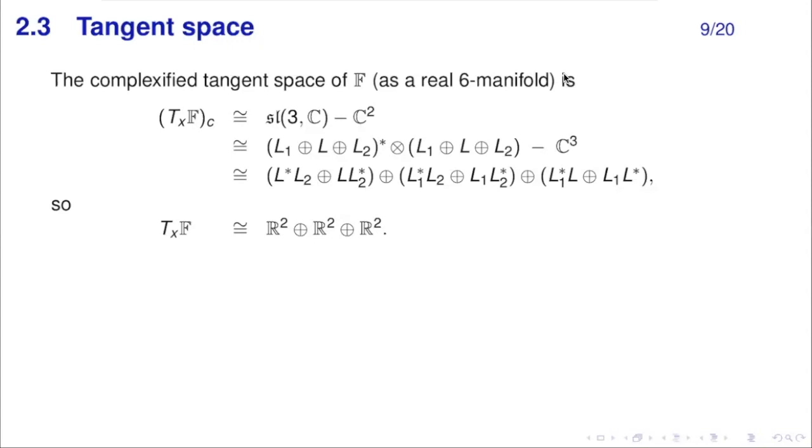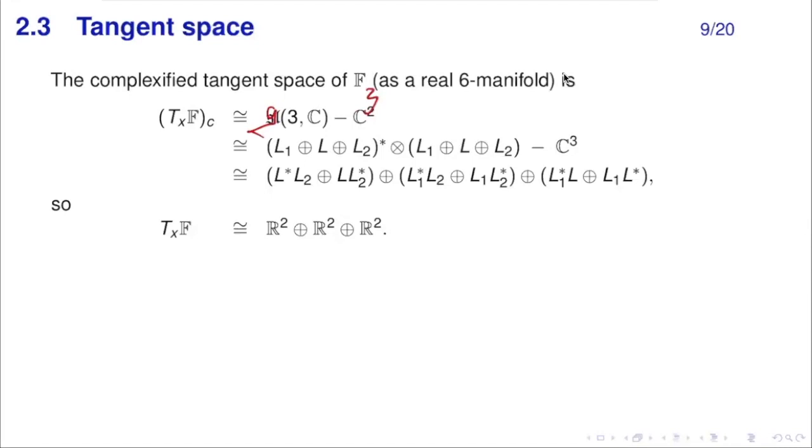If you think in terms of homogeneous spaces, you know that the tangent space of the flag manifold, you can just think of it as the complement of the Lie algebra of SU(3), complexified here, the Lie algebra of SU3 quotiented by the Lie algebra of the maximal torus, but informally speaking, that's sl3C minus C2, or think of it really as gl3C minus C3.